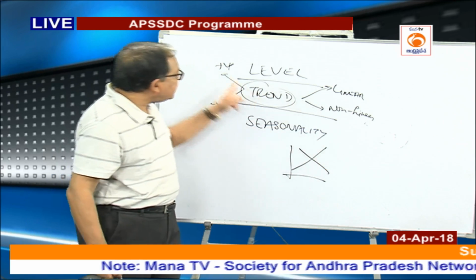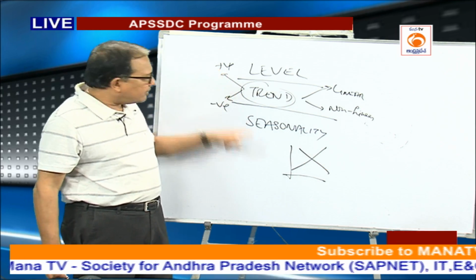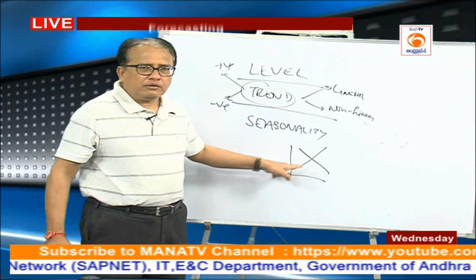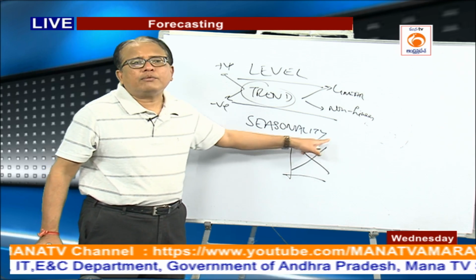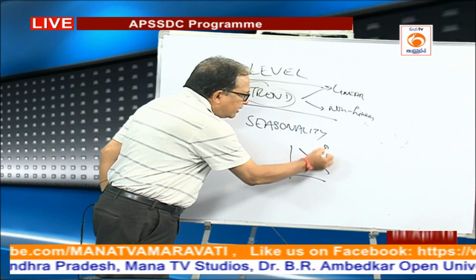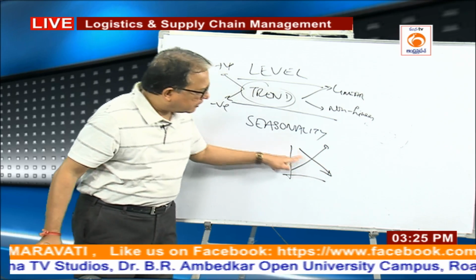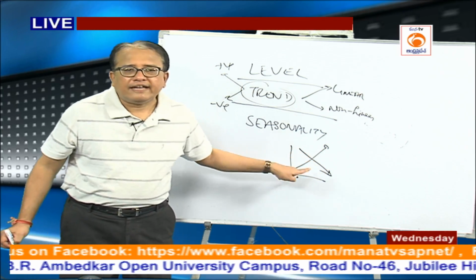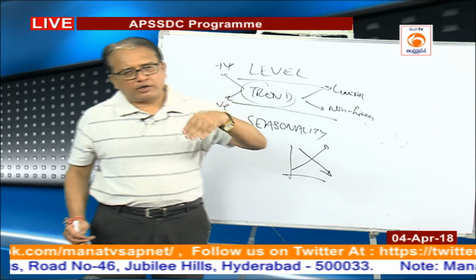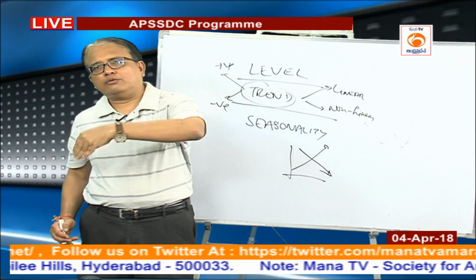If it is increasing, it is positive trend. That means the demand is increasing over a period of time, whether it is a month or a week or year or whatever it may be. And when it is negative, the demand of that particular product is going down, down, down.